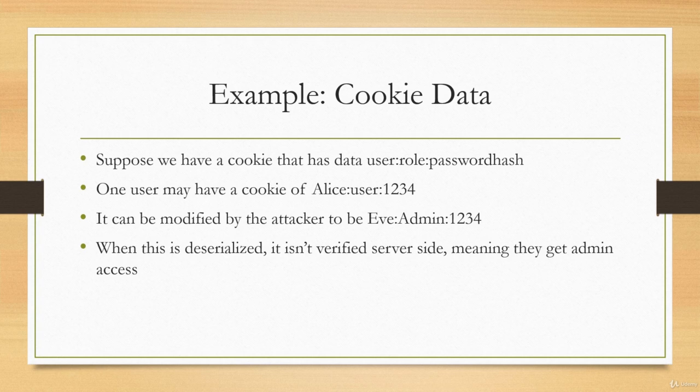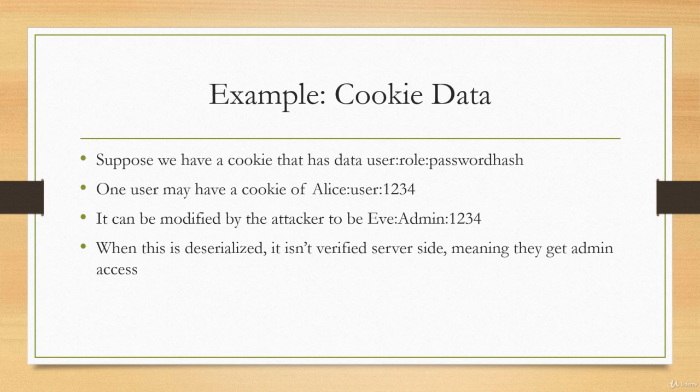To give you an example, cookies are typically a way that object serialization and deserialization might be exploited. Suppose we have a cookie for a web application that has a user, a role, and a password hash. If someone has a cookie like the one in the second bullet, where it says Alice, she's a user, and her password is 1234, we might be able to modify it, change the role to administrator, and send it off to the server.